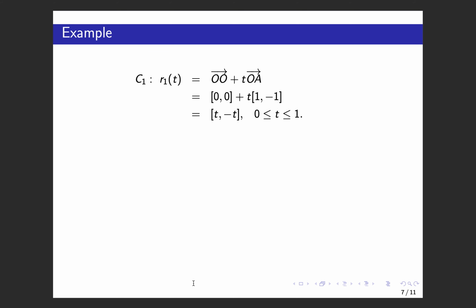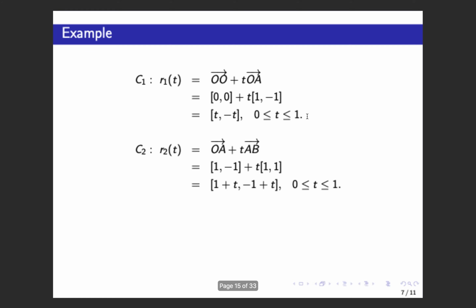Now the parametric representation of C1, from O to A, will be O plus t OA, which is 0, 0 plus t times 1, minus 1, equal to t, minus t, where t is between 0 and 1.